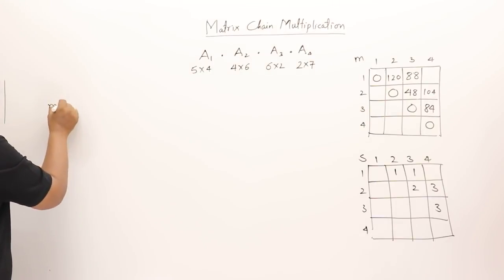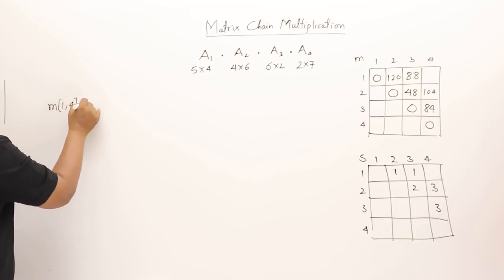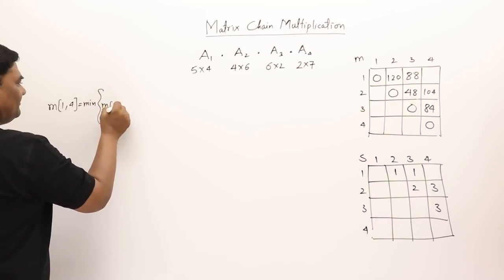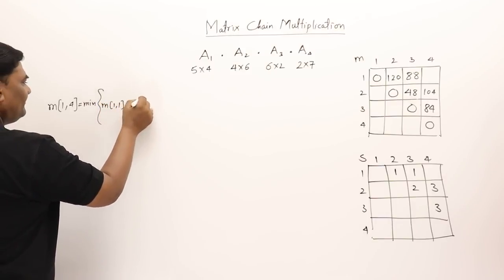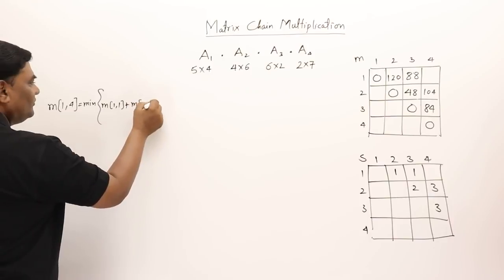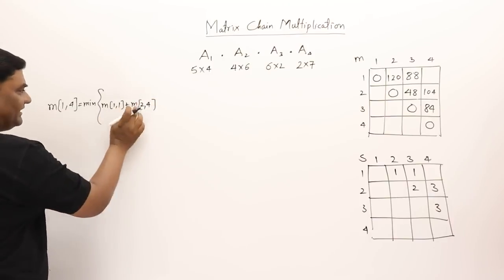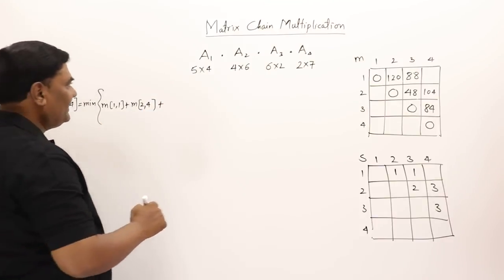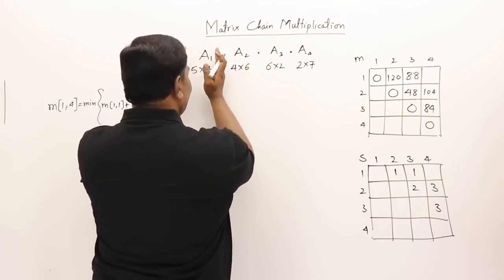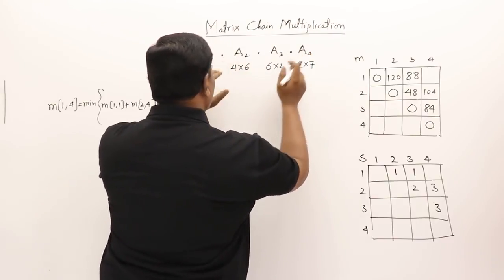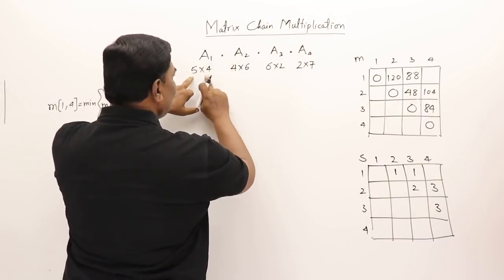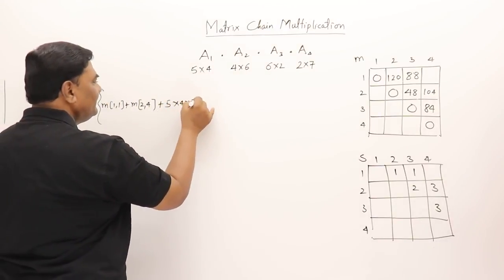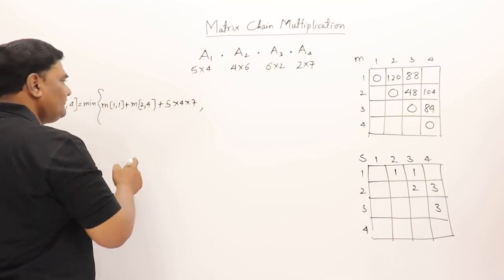M of 1 comma 4 is the minimum of m of 1 comma 1 plus m of 2 comma 4. 1 comma 1 this side, then 2 to 4 remaining, plus the cost of multiplying them. From here I see this is 1 and these together are 2 to 4. So this is 5 into 4 into 7.